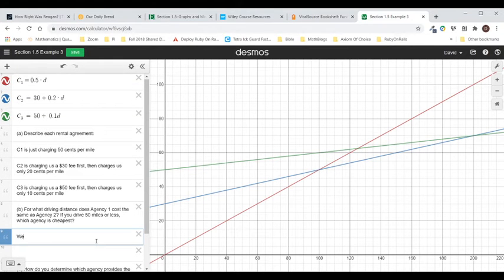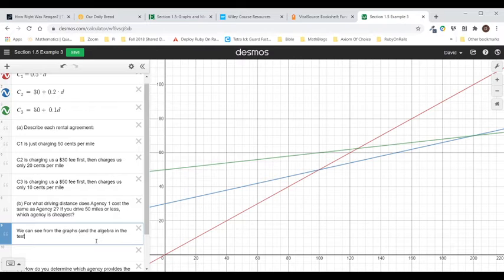We can see from the graphs and the algebra in the text that agency 1 has the same cost as agency 2 if exactly 100 miles is driven.